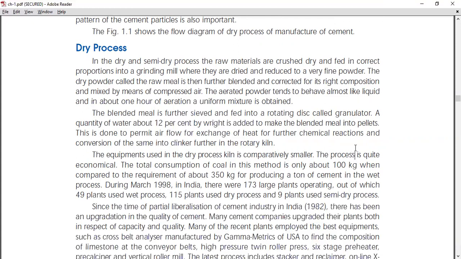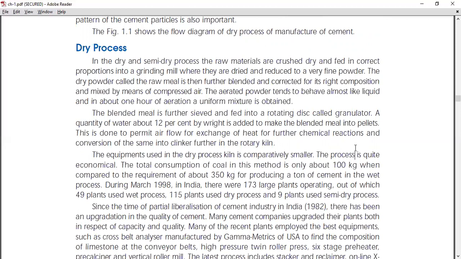The dry process is similar to the wet process, but let us see the dry process. In the dry and semi-dry process, the raw materials are crushed, dried, and fed in correct proportion into a grinding mill where they are dried and reduced to a very fine powder.